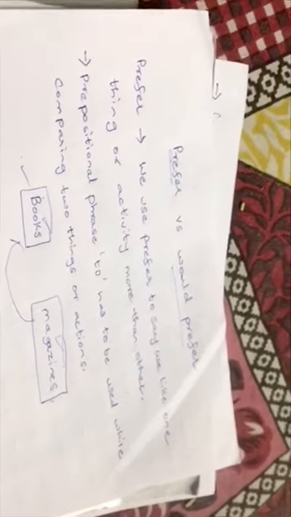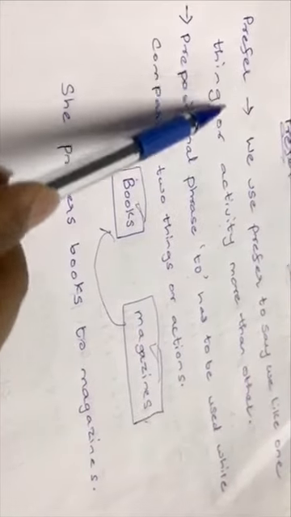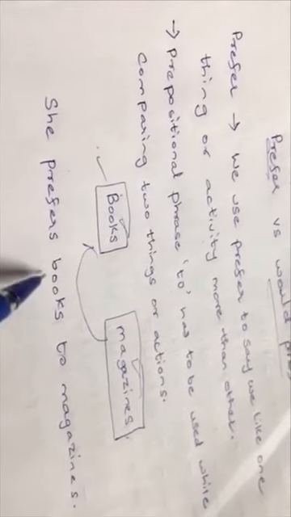Suppose I'll take the sentence as: she prefers books to magazines. Now see here, what did I tell you? We use prefer to say we like one thing or activity more than the other. Here, books and magazines are two things.